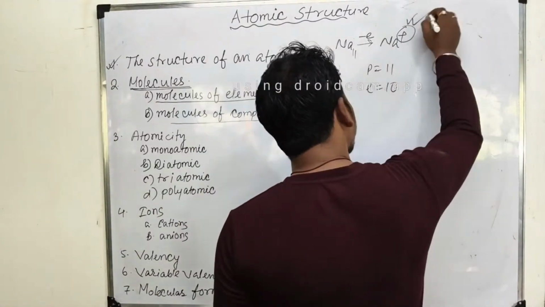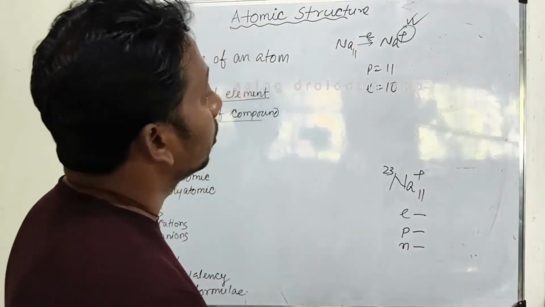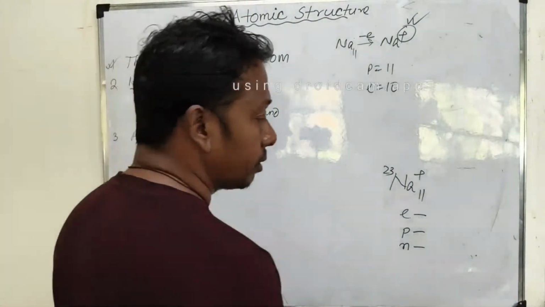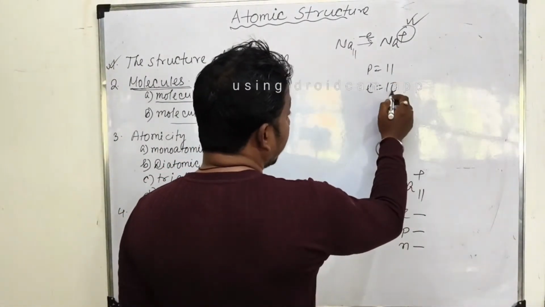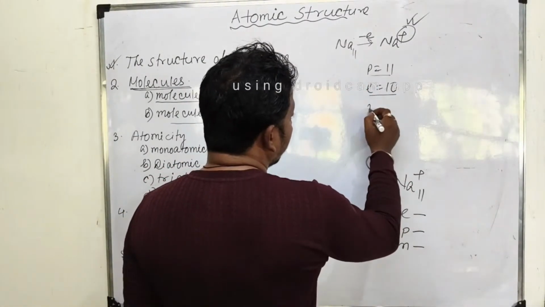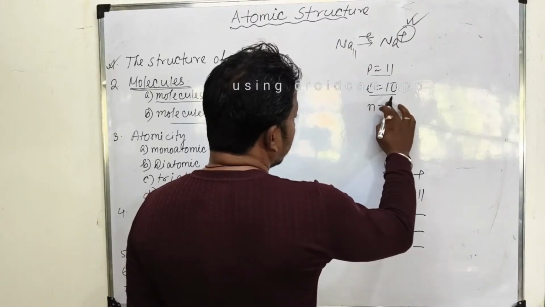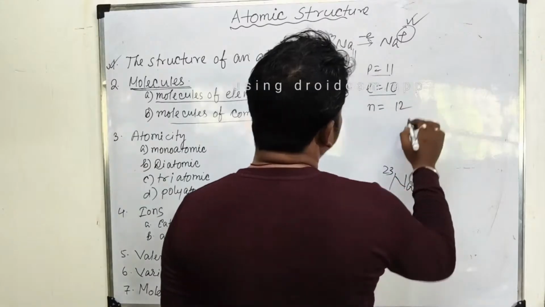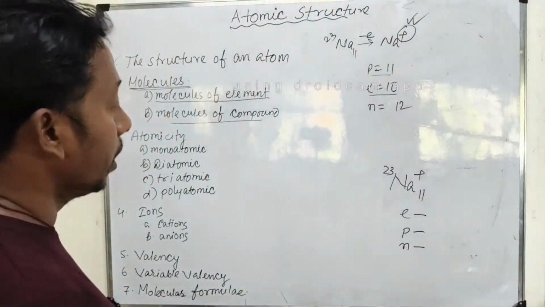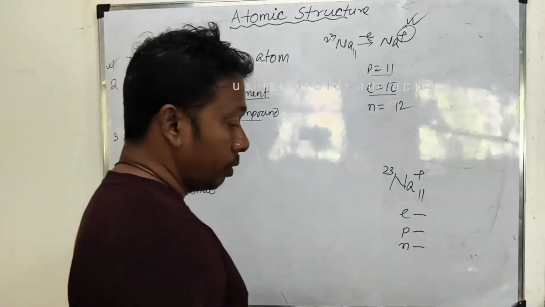This one positive charge is there, that is how an element can form ions. We'll discuss later. So the number of electrons is 10, number of protons is 11, and number of neutrons is 23 minus 11, that is 12. Clear? Okay.